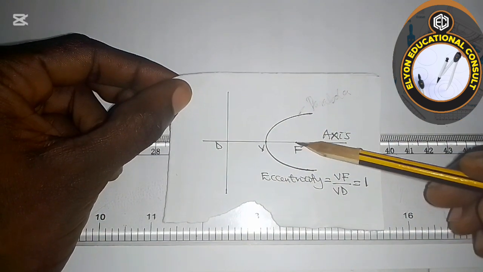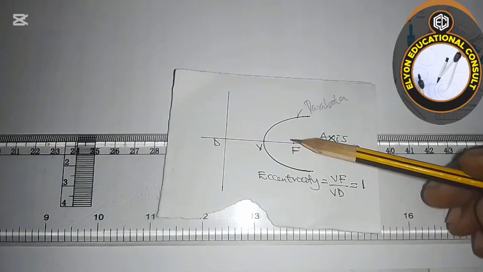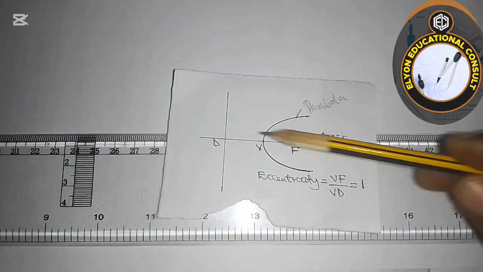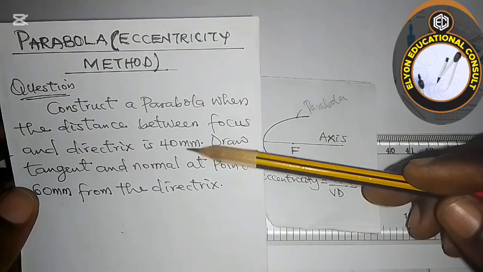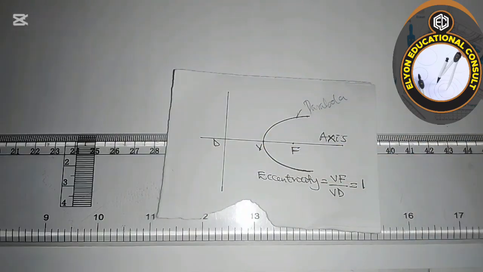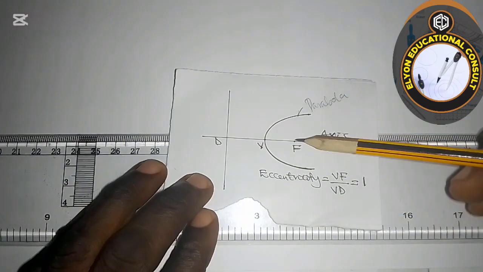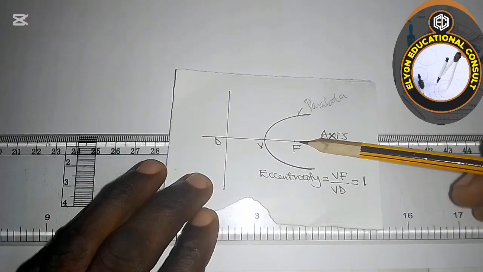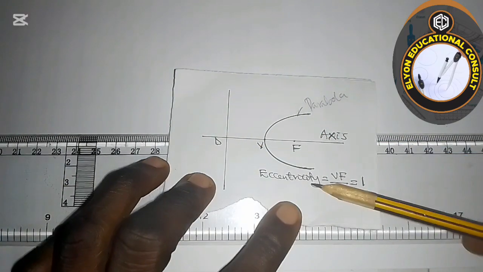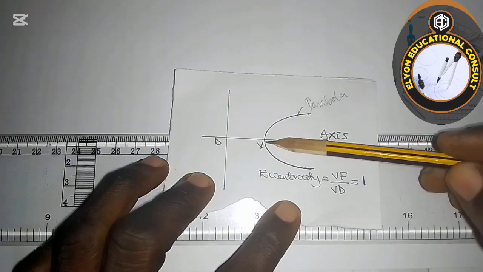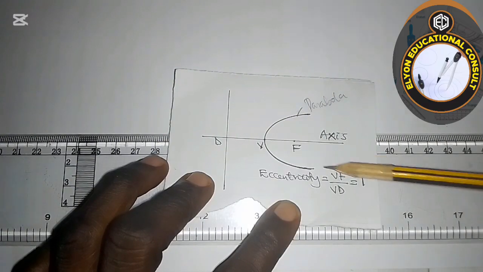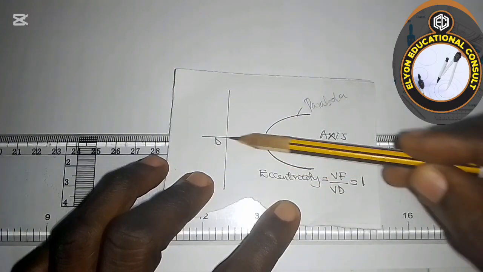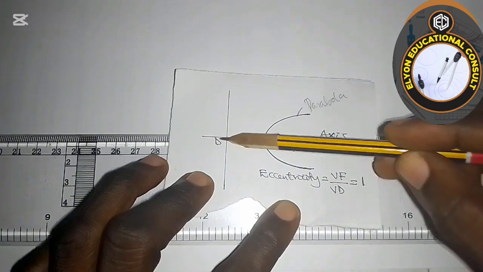Now the parabola has a focus. The question says that the distance from the directrix to the focus is 40 mm, as you can see here. The eccentricity is the ratio between the distance from the vertex to the focus and the distance from the vertex to the directrix.